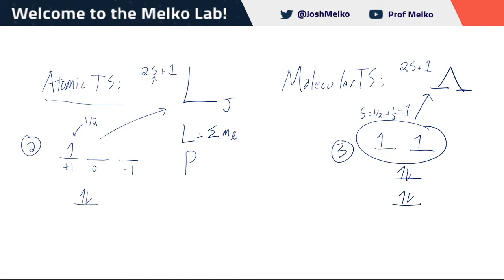Here we're going to use the following rule. A pi molecular orbital has an m sub L of plus or minus 1. And a sigma molecular orbital has an m sub L of 0.